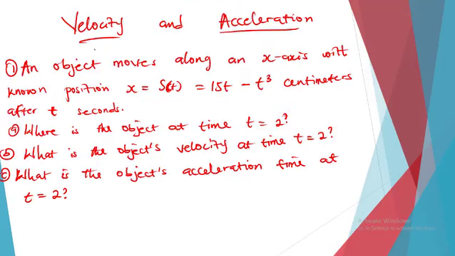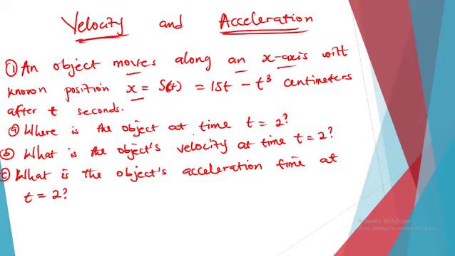Okay, let's go over to velocity and acceleration. I will give us a background of these two problems using an example here on the screen. It says an object moves along an x-axis with known position x equal to s with respect to t to be equal to 15t minus t cube centimeters after t seconds.